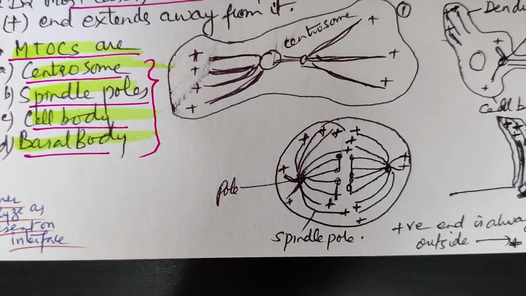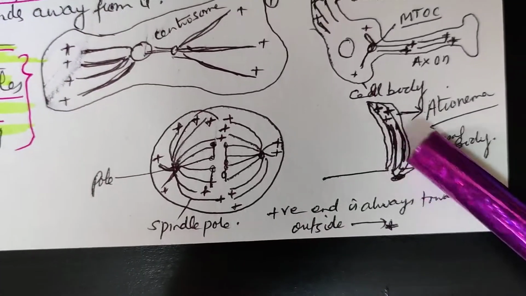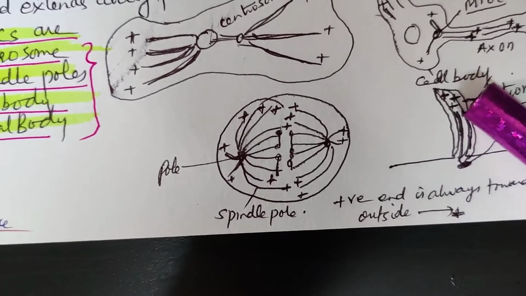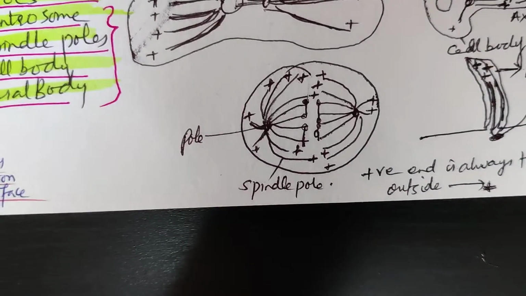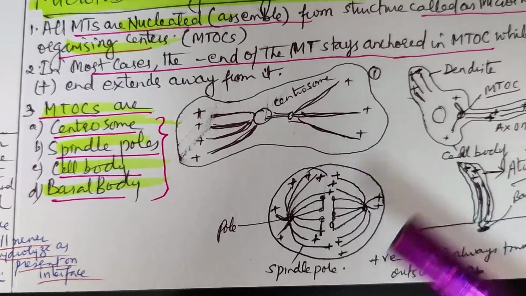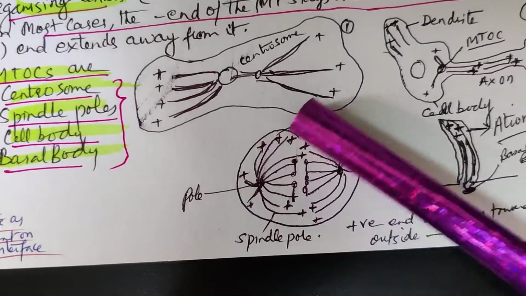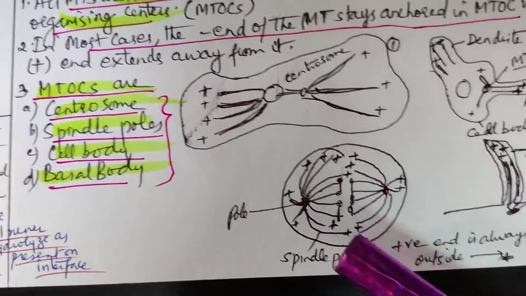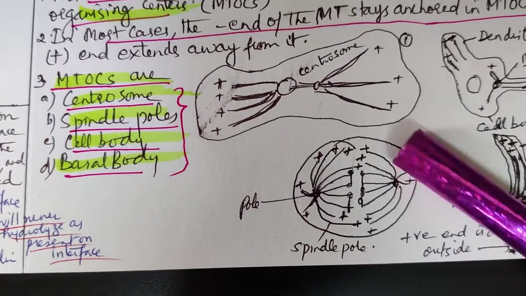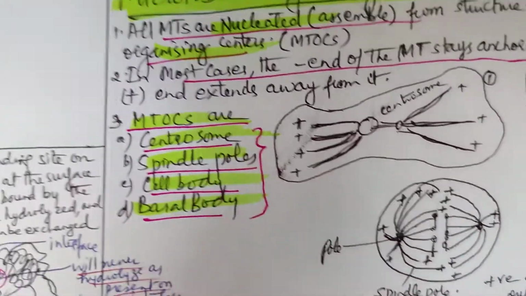The basal body starts from here, and the hair-like structure on the tips has positive ends. The positive end is always towards the outside. In all these bodies, dendrite, centrosome, spindle body, all positive ends are toward the outside. Here at the spindle pole also, the positive ends are seen on the outer side.